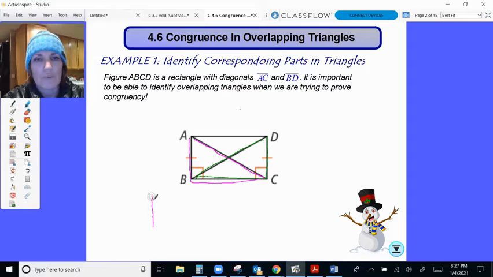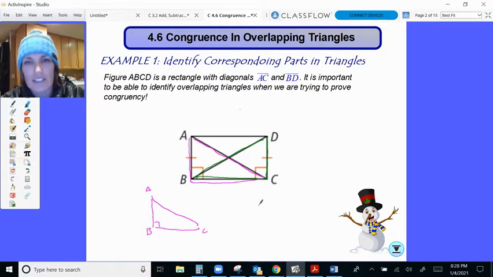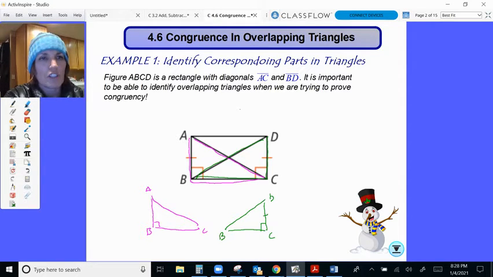Okay, so if I actually separate this pink triangle out, and say, here is my triangle B, and then AC here. And if I separate this green triangle out, this is a right triangle here. We have D, C, and B. It's easier to tell which sides correspond to each other.